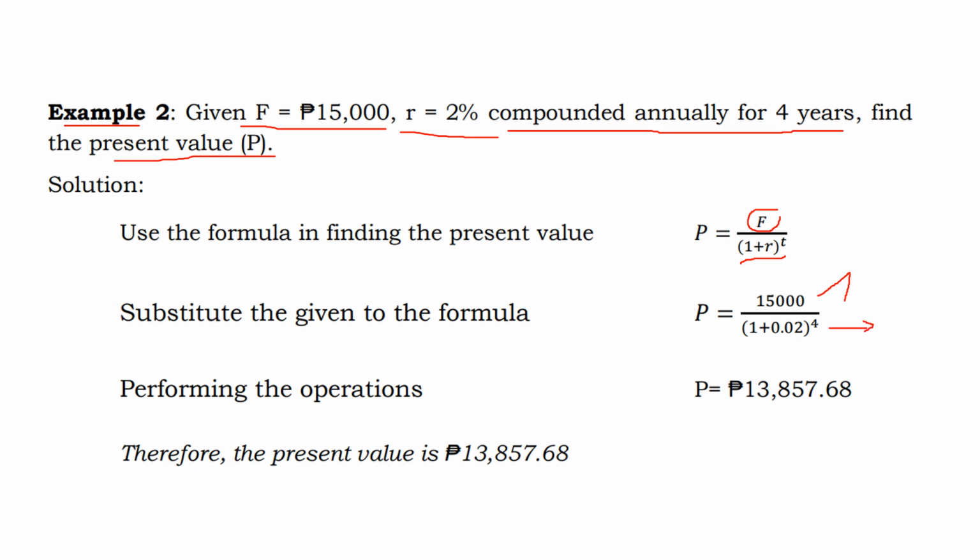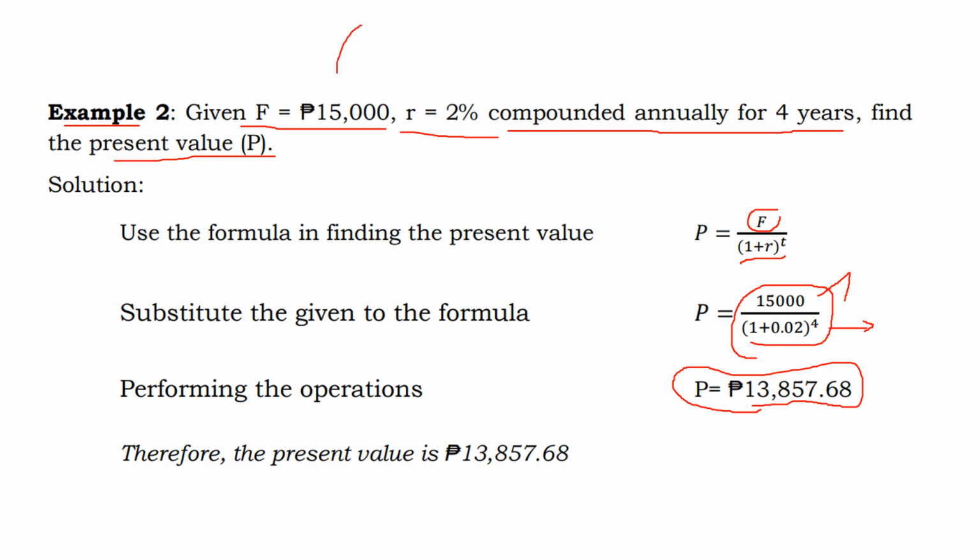And that will be the value that we're going to compute for P. From this, we apply your operations here. Then after performing the operations, the resulting value now is 13,857.68. And this will be the principal or present value.